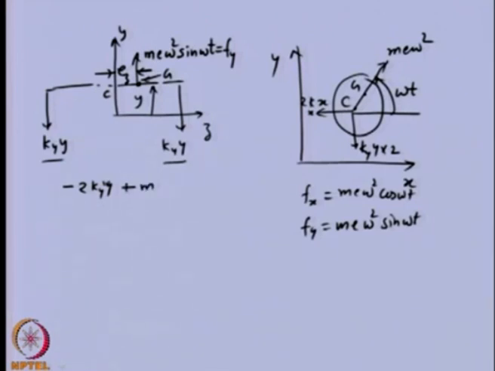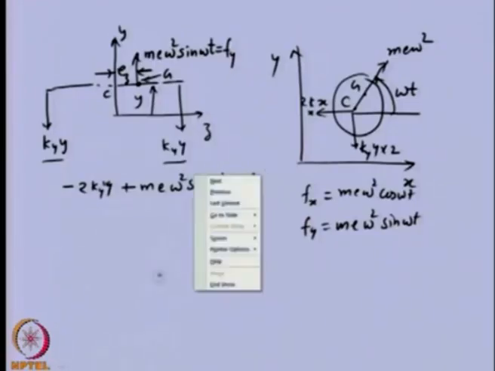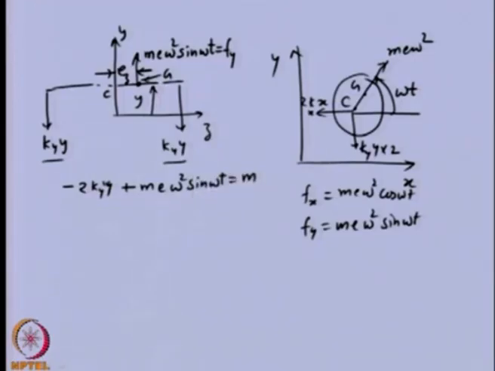The unbalanced force is in the positive y direction, and then it should be equal to the inertia of the rotor. So, from this we got one equation of motion, that is m y double dot plus 2 k y y is equal to m e omega square sin omega t.